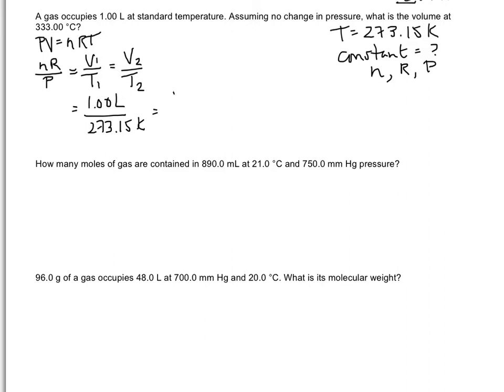We do not know the ending volume, that's what we're looking for, but we do know the ending temperature. T2 is equal to, sorry, I said that wrong, 333 degrees Celsius plus 273.15 Kelvin. This is a very high temperature. I'm not really sure why this problem has it so high, but it is what it is. So that is going to be 606.15 Kelvin.